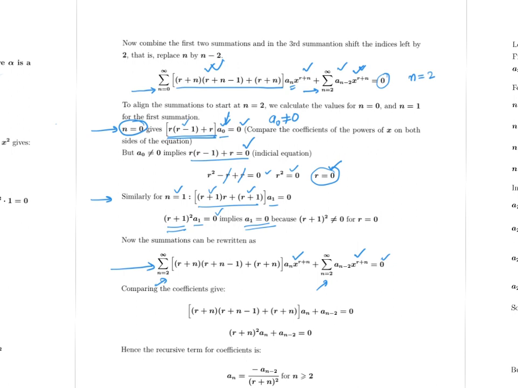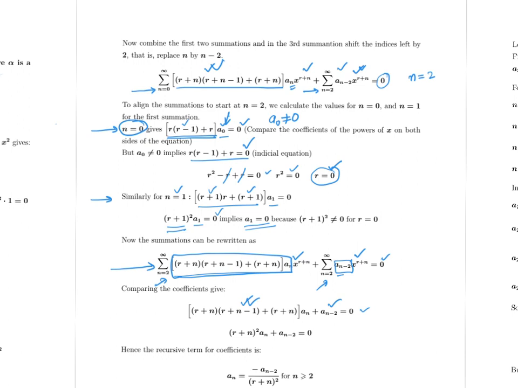So if we compare the left and right, the coefficients on the left must be equal to the coefficients on the right. So the left side coefficient is this first term, which is just this up to a sub n right here, and the second term is just a sub n minus 2, plus a sub n minus 2 is equal to 0.